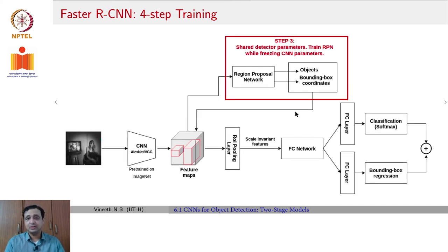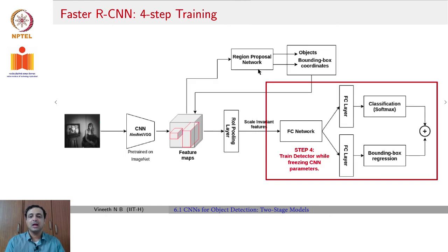In step 3, the CNN is made common for your entire network as well as the region proposal network. So you share those parameters and you train your RPN while freezing your CNN parameters to help improve the RPN's performance. And finally, in step 4, you freeze everything else in the network and only fine-tune your FC networks to get your final classification output and bounding box offset regression outputs.